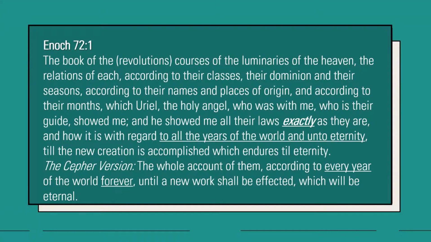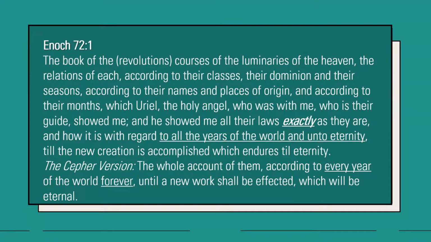So Uriel is the guy to talk to when you're talking about the luminaries, and Enoch is talking to the right guy. So he says, he showed me all their laws, exactly how they are, and how it is with regard to all the years of the world and unto eternity, till the new creation is accomplished, which endures till eternity.